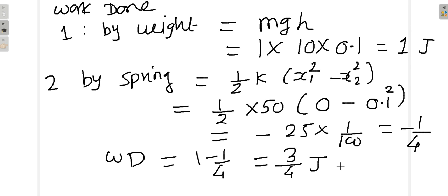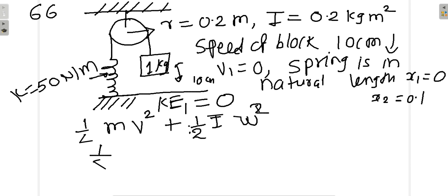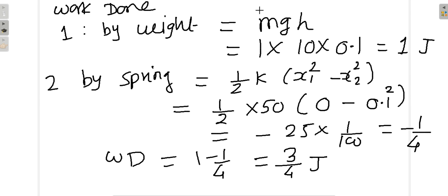Now we'll simply equate the change in the kinetic energy and the work. The change in the kinetic energy we had just obtained as 3v square. So just equate the change in the kinetic energy with the work done.